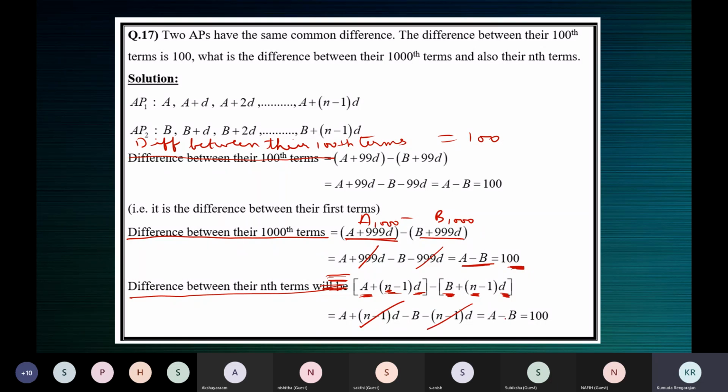So A minus B is the difference, and we found that A minus B is 100. So the difference between their nth terms is also 100.